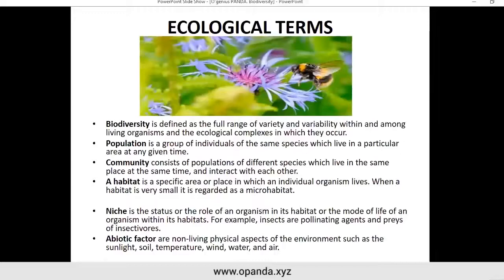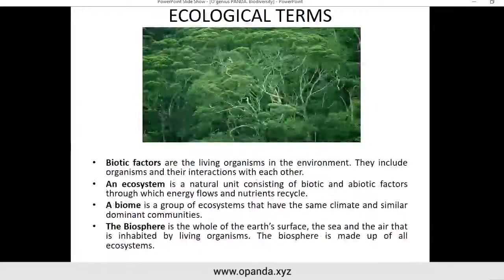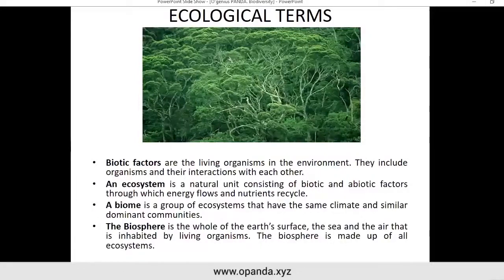An ecosystem, I have talked about as a natural unity consisting of biotic and abiotic factors. And I said that from the ecosystem, we get some sustainable factors which help us to live, such as wind. And that's why they say it is a unity through which energy flows and nutrients recycle.